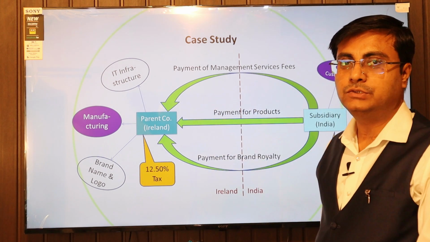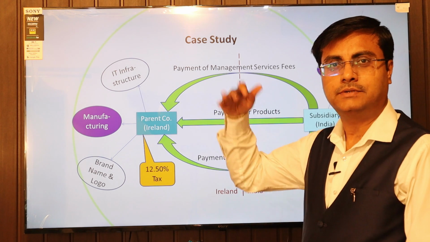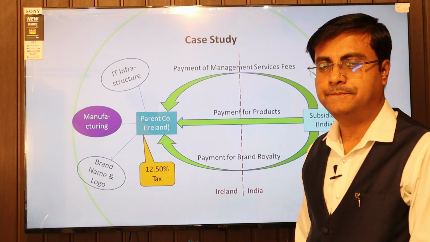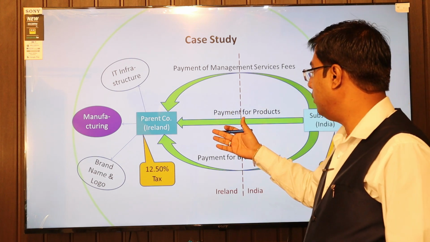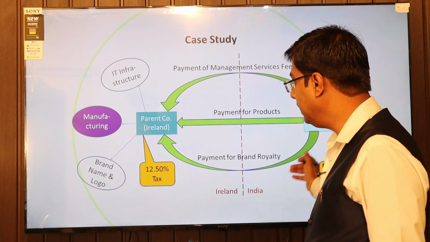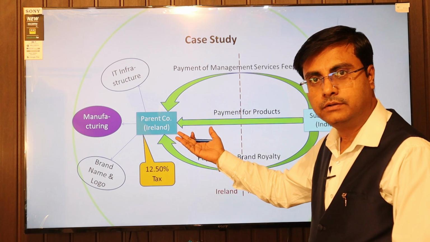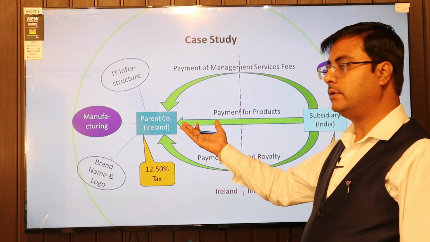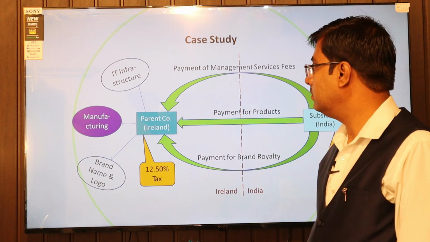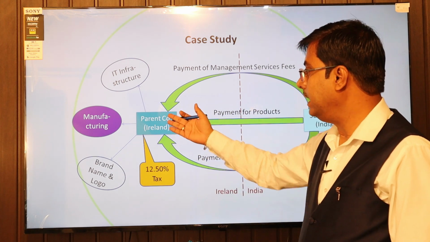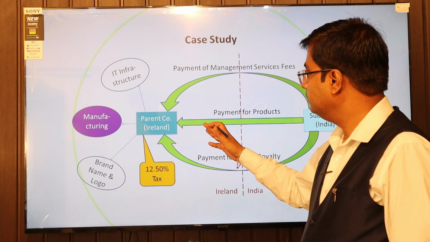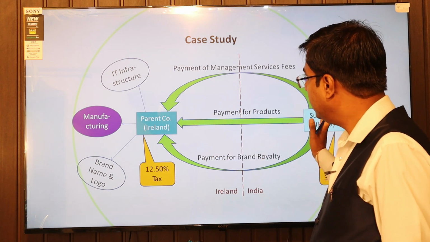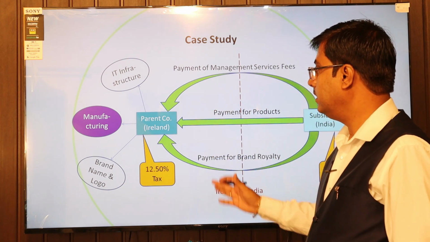Your parent company is situated in Ireland or some tax haven country. You are making payments for import of products, payment for technical know-how, or royalty and fees for technical services, because this parent company has a brand name and logo. Whatever payment you make goes outside India.